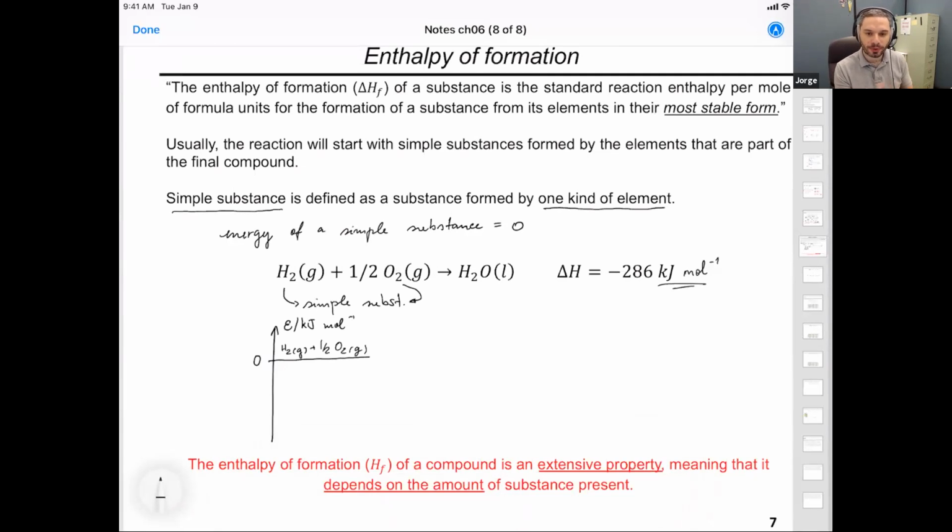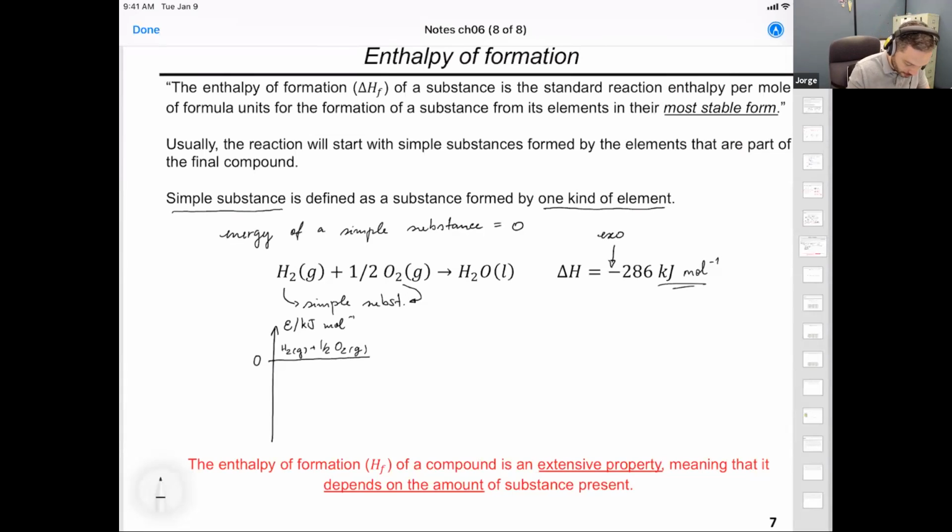The reaction will proceed, and the only product formed is water. Water is not a simple substance, therefore the enthalpy of formation for water is going to be different from zero. We know from the problem that the delta H of the reaction is negative, therefore the reaction is exothermic.